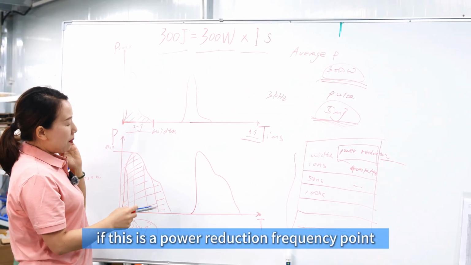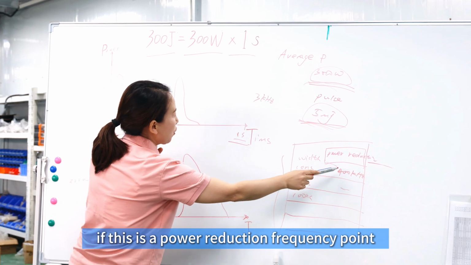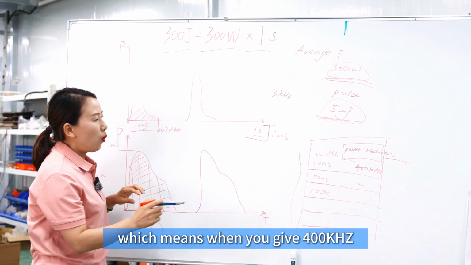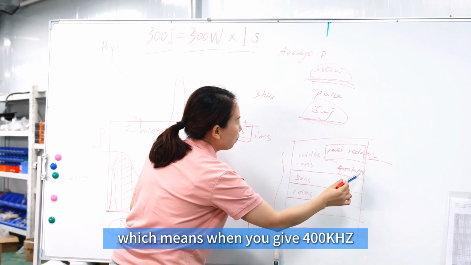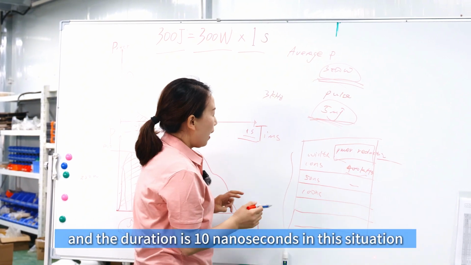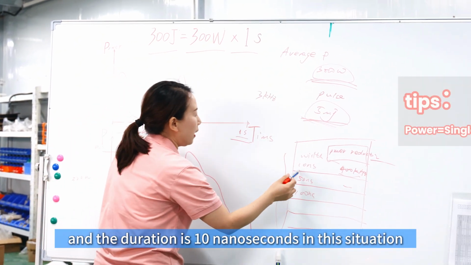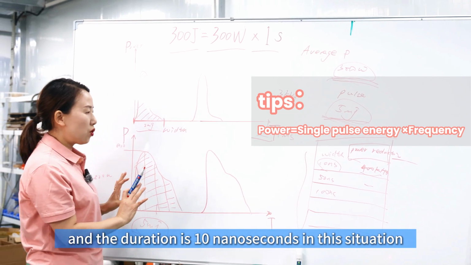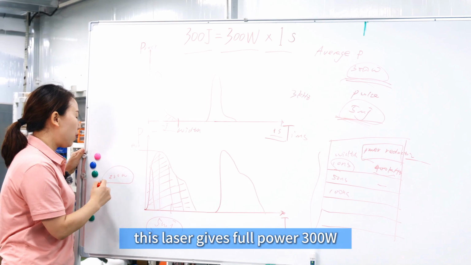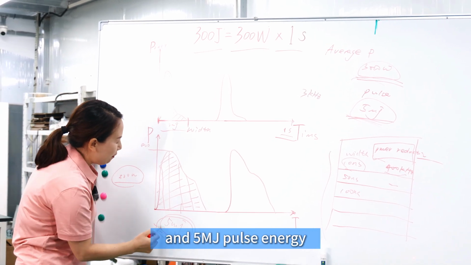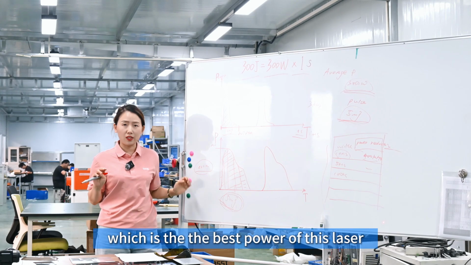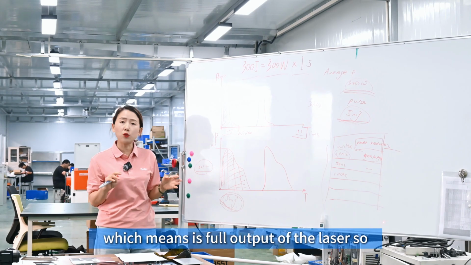For example, if this is the power reduction frequency point, it means when you give 400 kilohertz pulses every second, and the duration is 10 nanoseconds, in this situation this laser gives full power of 300 watt and 5 millijoule pulse energy, which is the best power of this laser, meaning it's the full output of the laser.